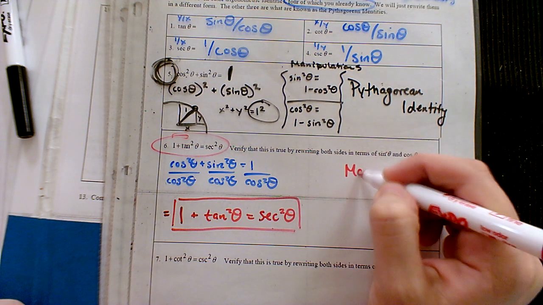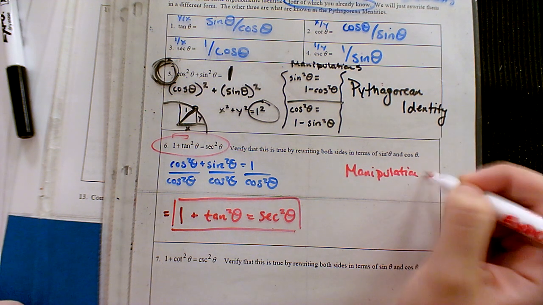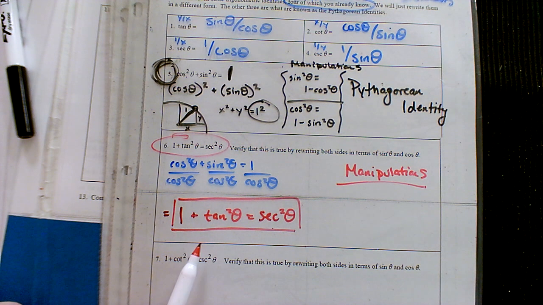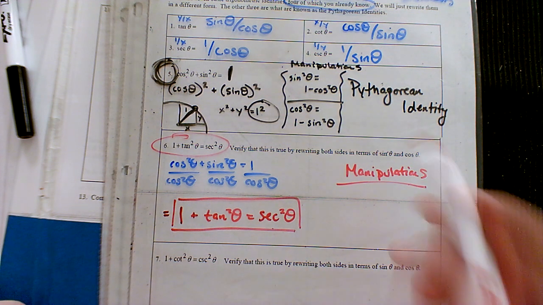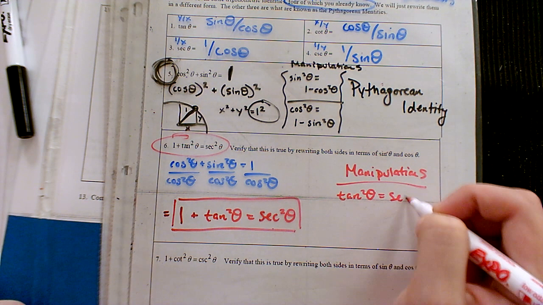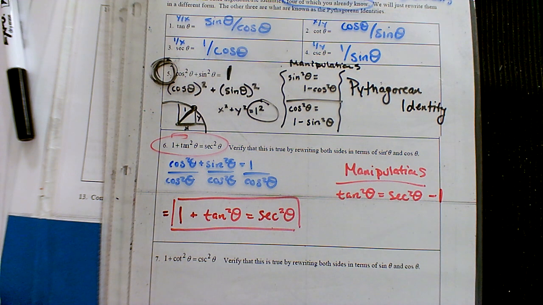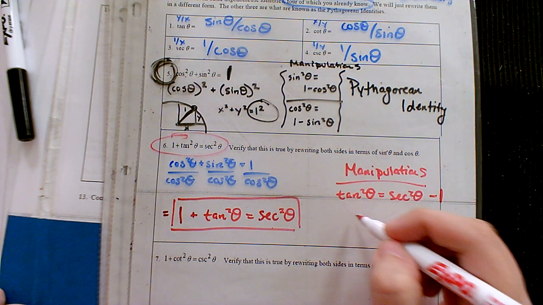We can have some manipulations for this one as well. For instance, what if we subtracted 1 over to the other side? We could have tangent squared equals secant squared minus 1. Another manipulation, what if we subtracted tangent squared over?